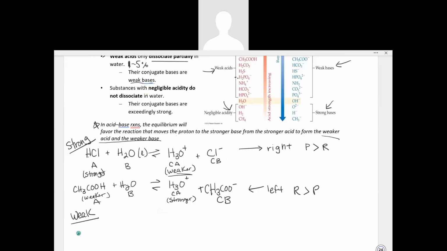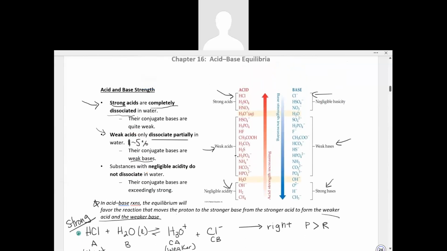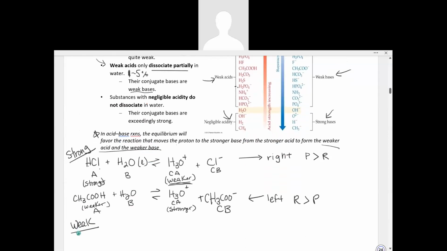So our weaker acid in this case, we can take a look to confirm this at our table above. HCl is definitely a stronger acid than hydronium. So we're going to move away from the stronger acid towards the weaker. So we note that we move towards the right. So more products will be present at equilibrium than reactants in this case.